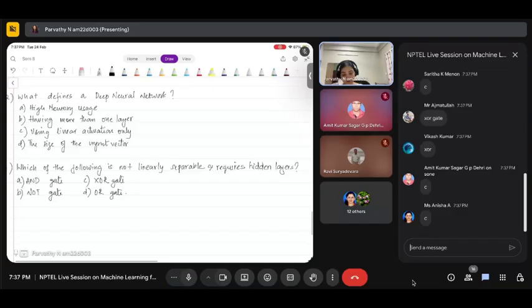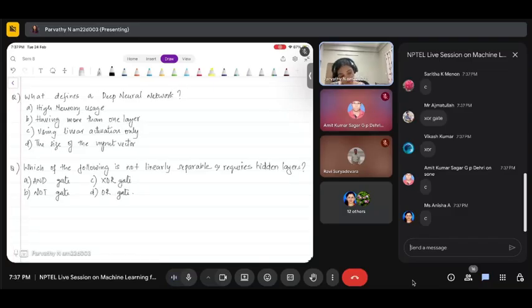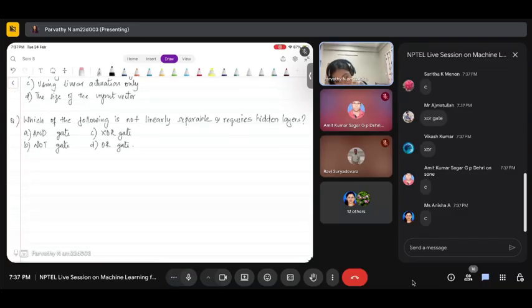Yeah, so XOR gate is the one that needs hidden layers and is not linearly separable.